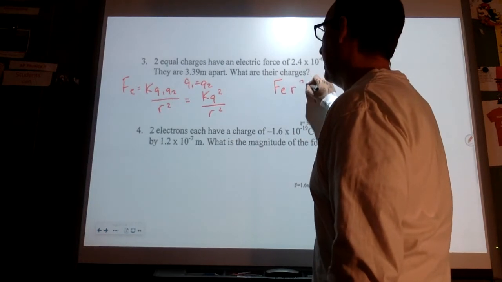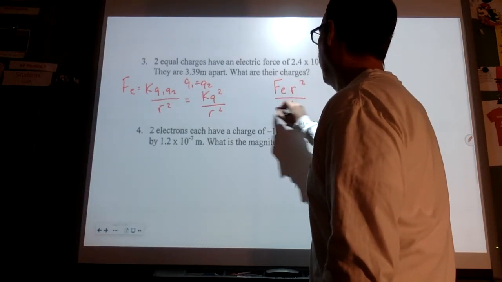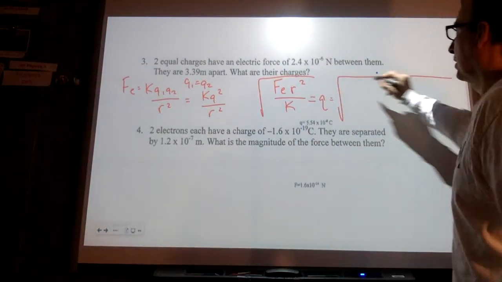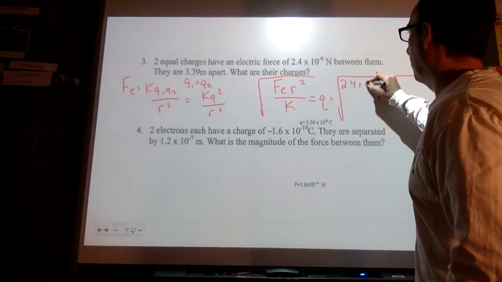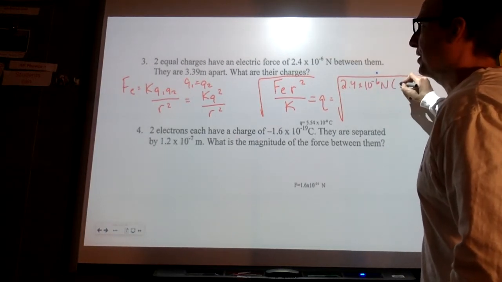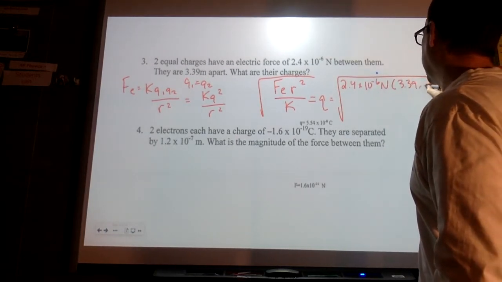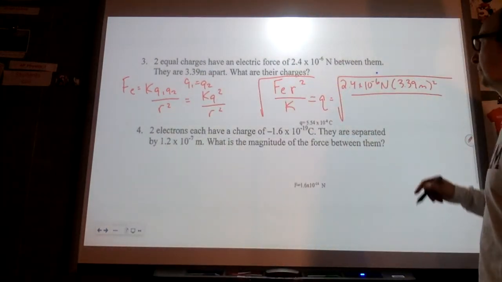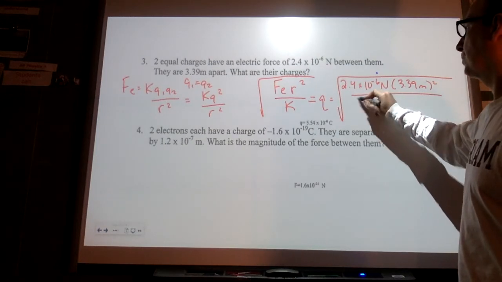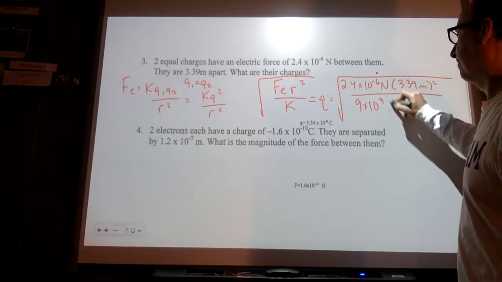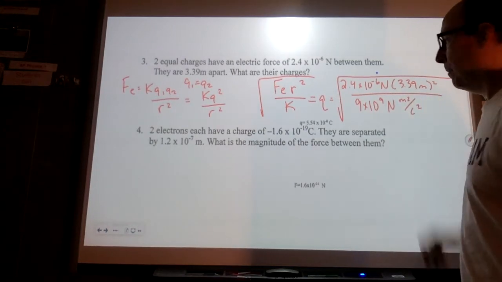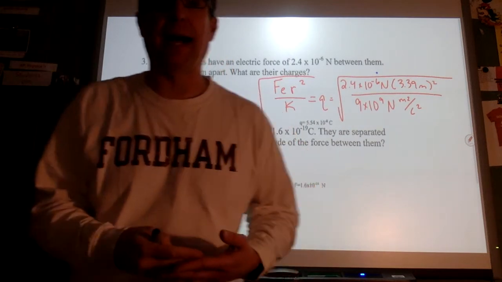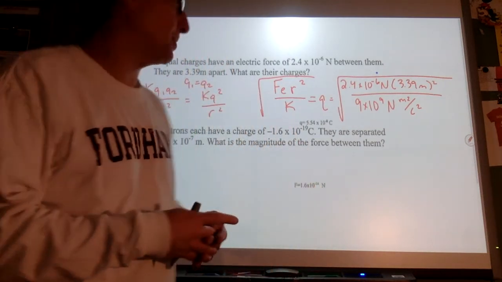So I'm going to have F_E R squared over K, square rooted, would be Q. So this is 2.4 times 10 to the negative 6th. See, these are ones from your book where they're very far apart. I just want you to be familiar and comfortable with putting in your calculator because there's a lot of little places where you can make mistakes with this.